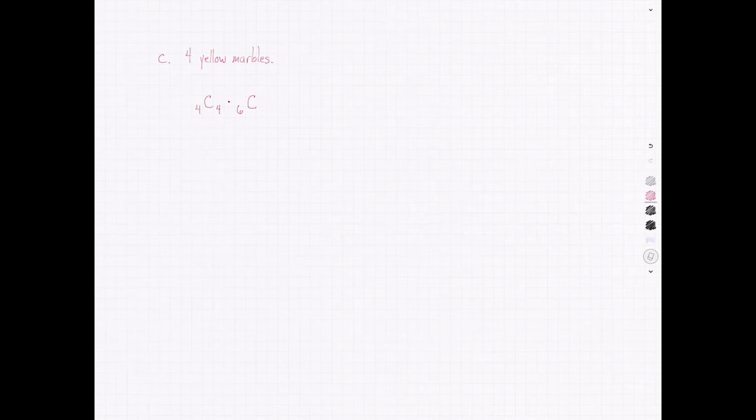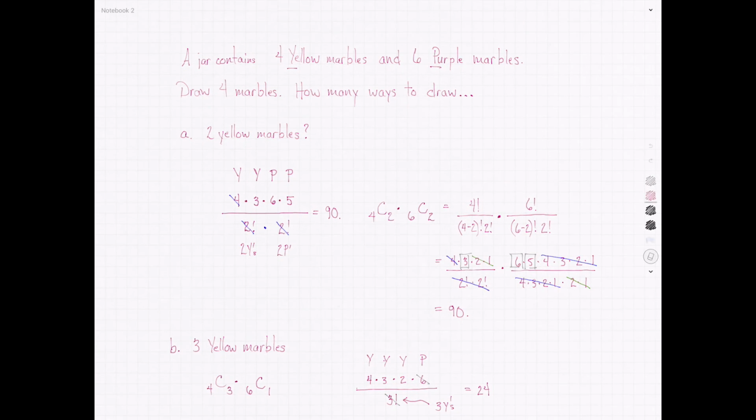Well, you'd choose 0. I think this is good bookkeeping, and here's why. Notice that the 4 and the 0 add up to the total number that I have to draw. And if we come back to this previous one, the same thing happened here. I had to draw 4. Well, there's the 3 plus 1. And up here I had to draw 4, and it came as 2 plus 2.